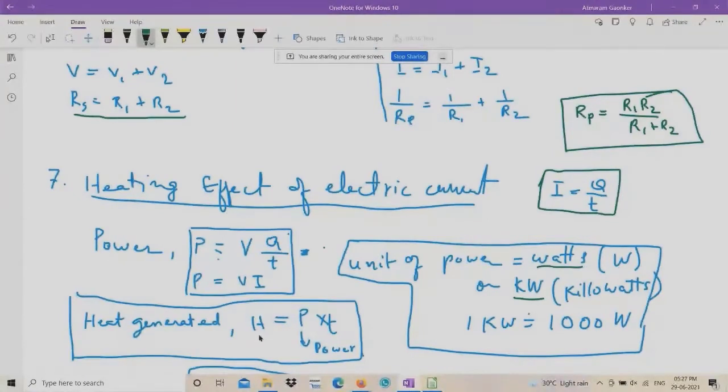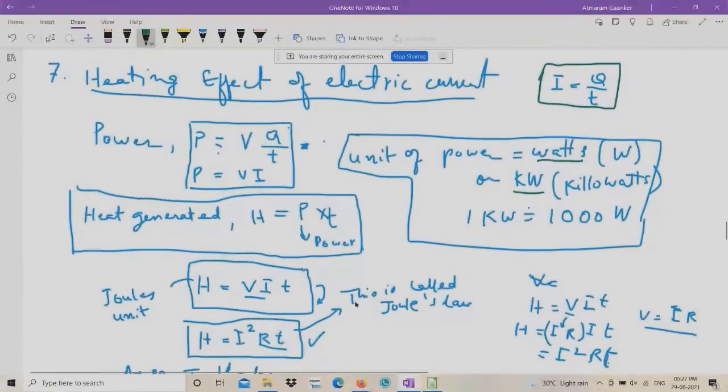Another formula is for heat generated, and heat generated is power multiplied by how much time the current is flowing. P is the power and T is the time in seconds. So this power multiplied by this T, you will get heat generated. Heat generated is given in joules.